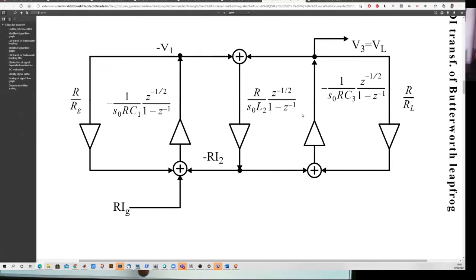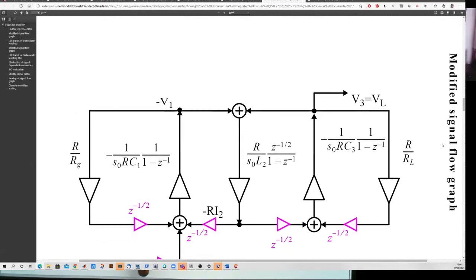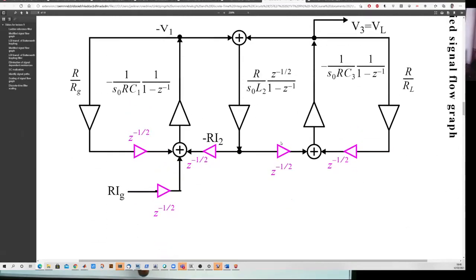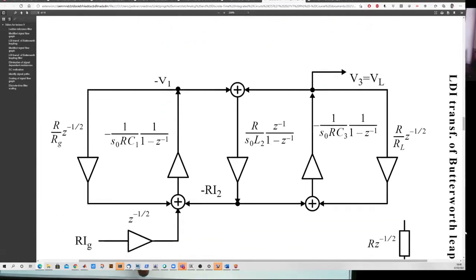And then I can push it back and forth through the network. So I see I can push a half out to this branch. I can push a half into that branch and get Z to the minus 1 instead. And then here I can push the half out to that branch. So the resulting situation is this.